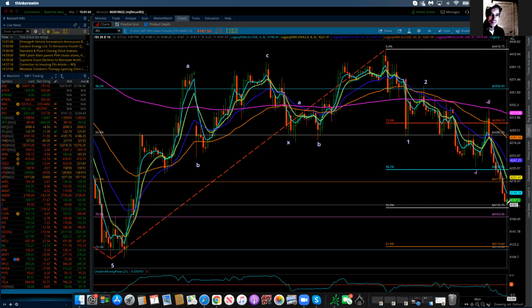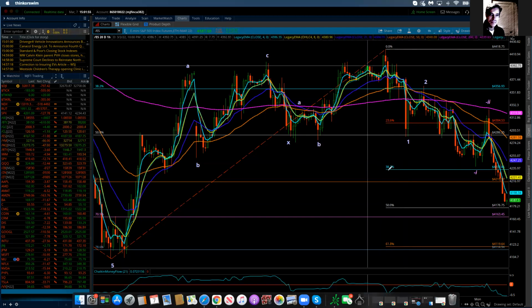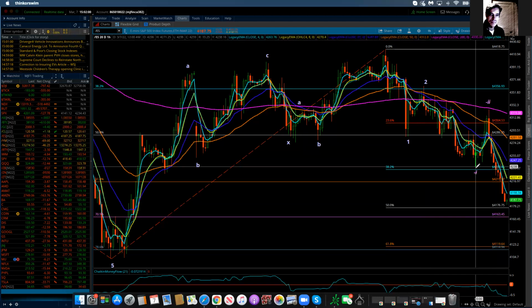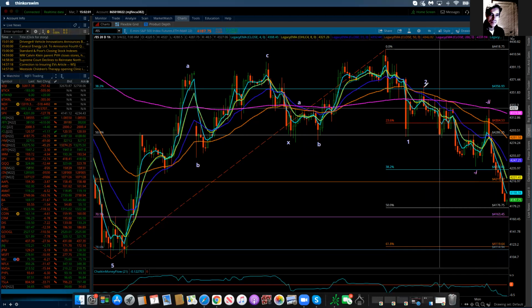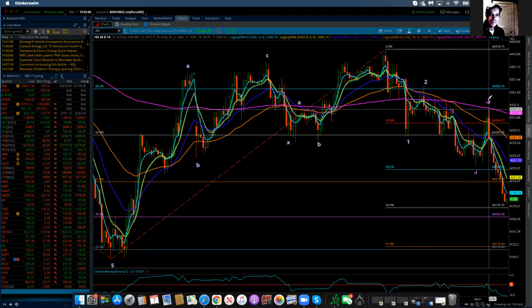And remember, as support levels are broken, you're going to be looking for that next move down to that next support level. Now, again, keep in mind the degree that it is breaking. These are for the minor third. You're going to run additional extensions from the top of 2 down to here, then up to there. That's going to give you the subminute 3.